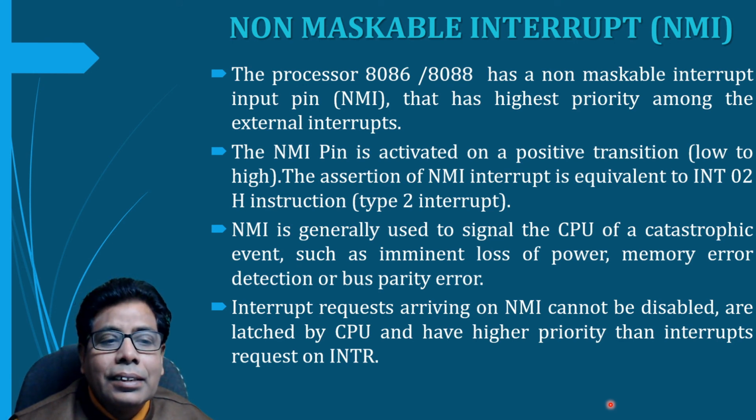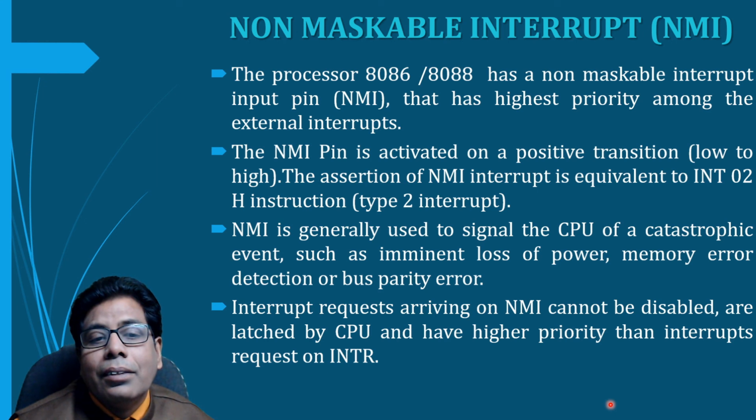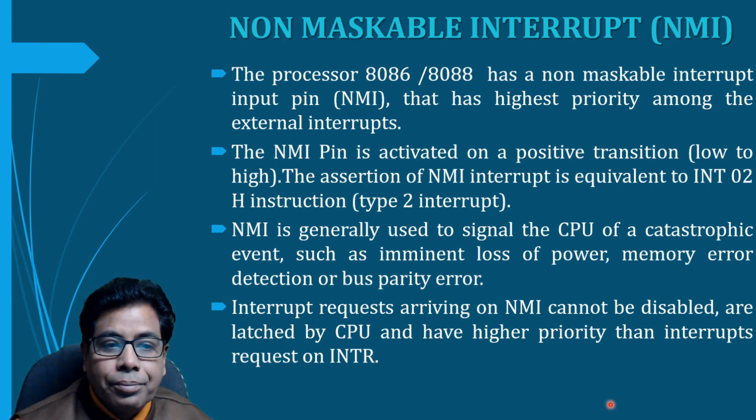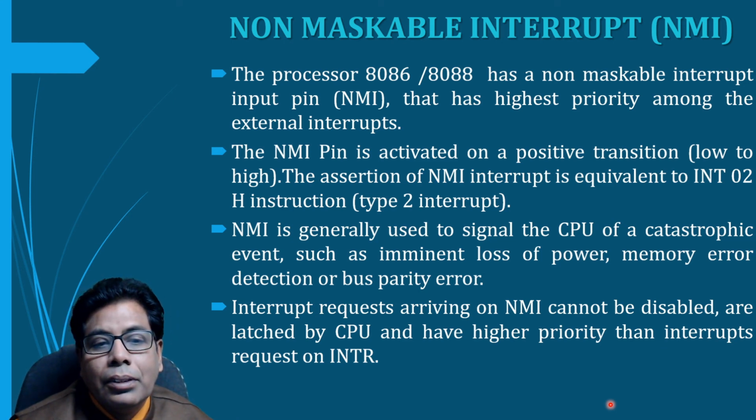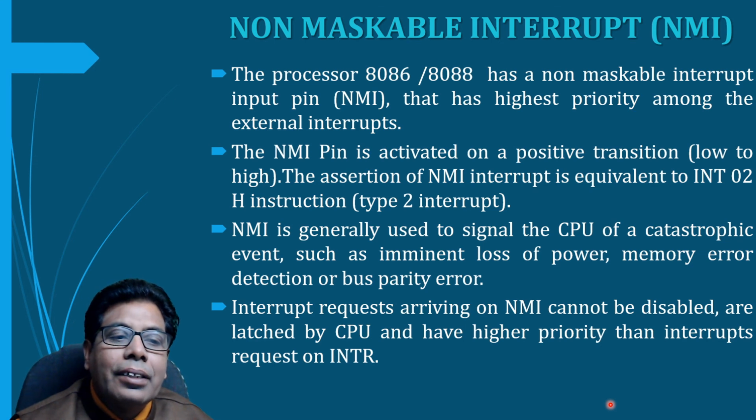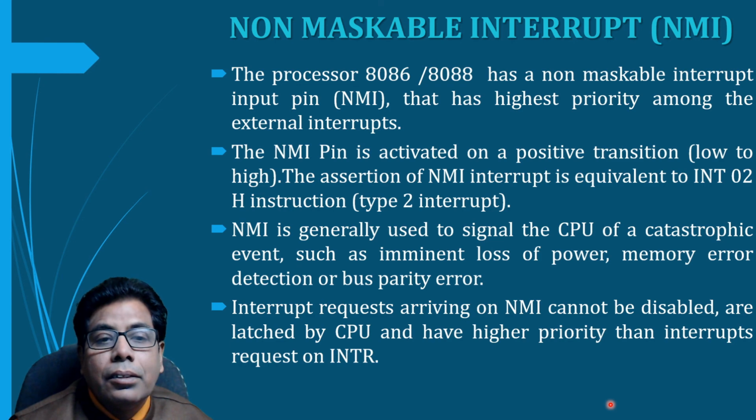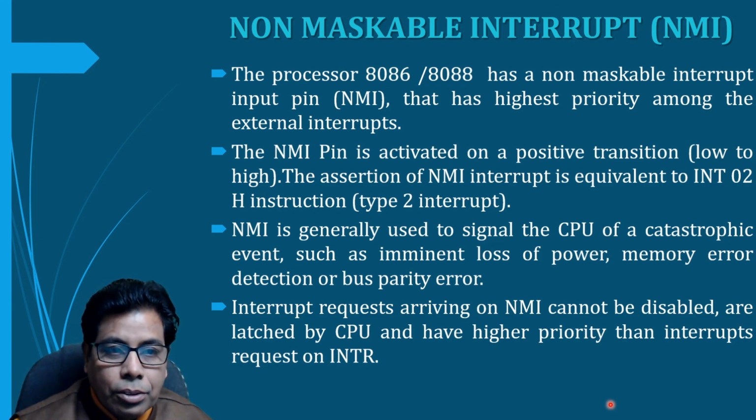In these cases, the non-maskable interrupt will be initiated by the processor, the 8086, and we cannot disable this interrupt. That's why it is called the non-maskable interrupt. It is latched by the CPU, and it has higher priority than the INTR. We'll discuss the different priorities of the interrupts later on.